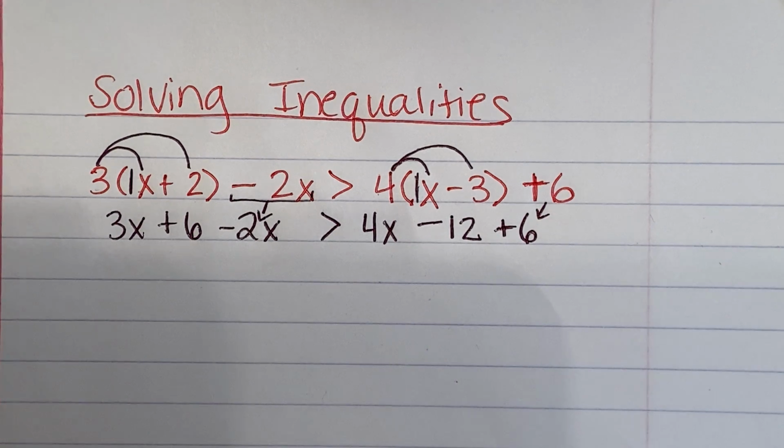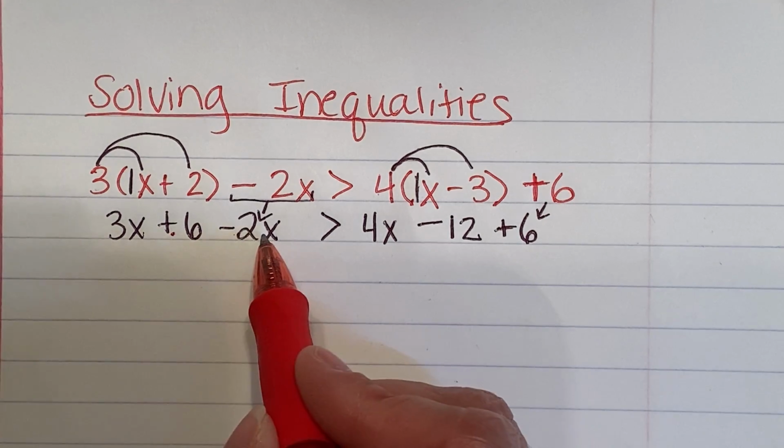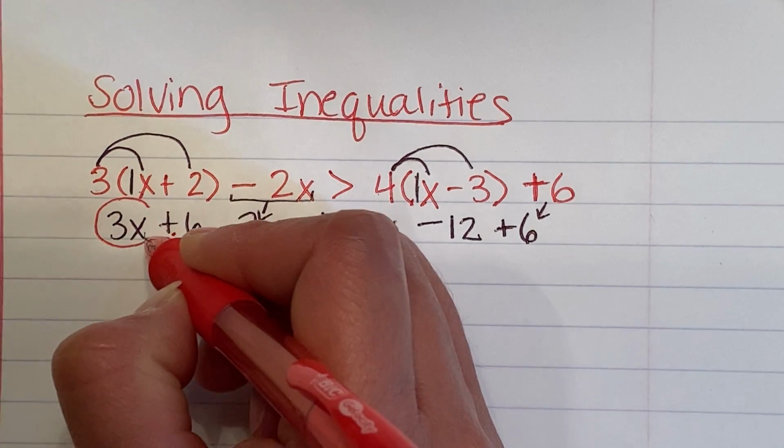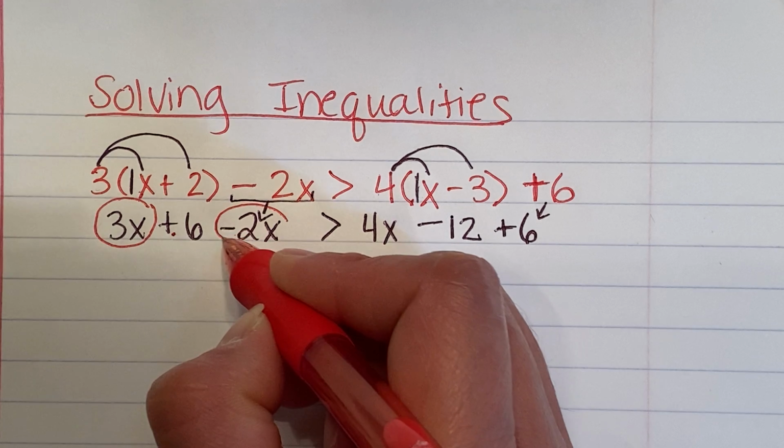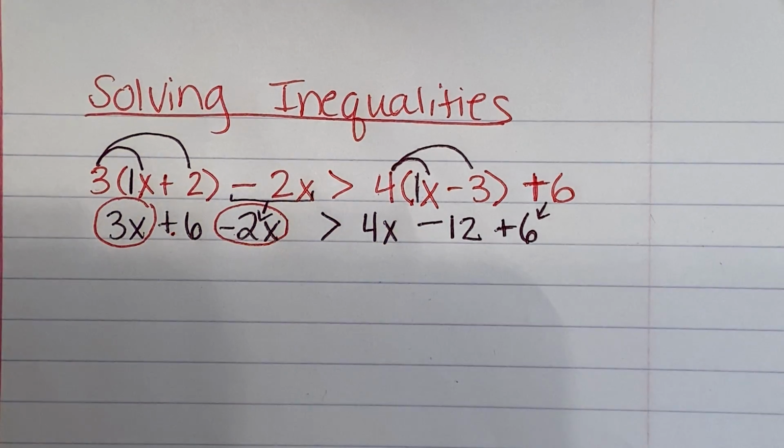Now, before I begin to solve and move my variables to one side, I need to clean up my work so that I have my like terms together. So I have 3x plus 6 minus 2x. I know that 3x and this minus 2x are like terms, and I can put them together. You can put them together with the exact same sign when they are on the same side.